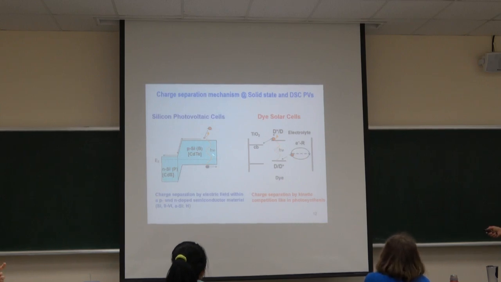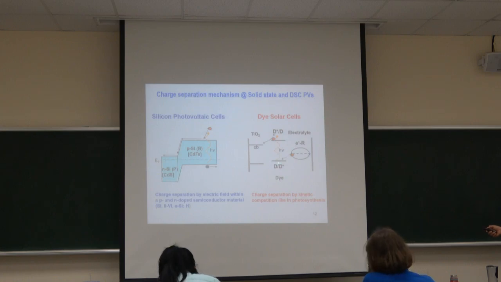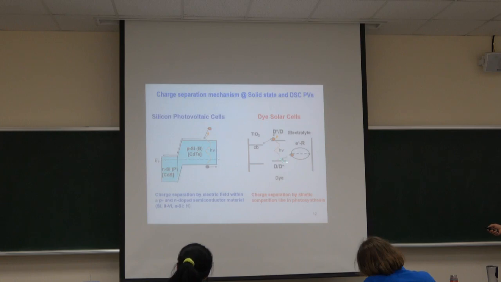If you look at the absorption, the dye looks similar to the p-type, because the dye absorbs the light and promotes the electron to the LUMO band. The LUMO is the excited state and sends the electron to the conduction band of TiO2. So the dye looks like a p-type, but the difference is that inside there is an electrolyte.